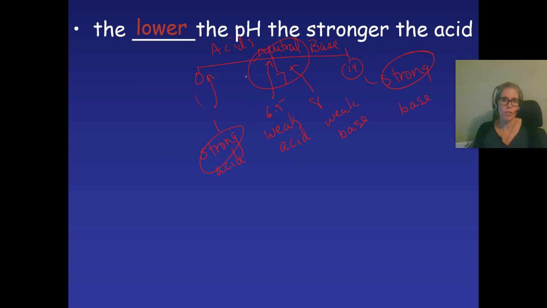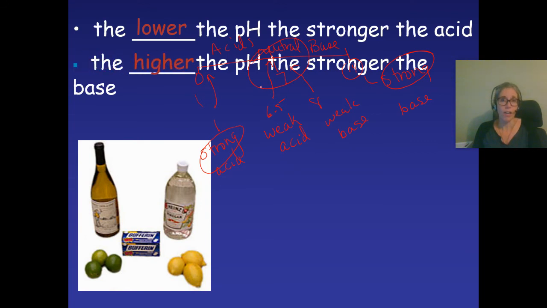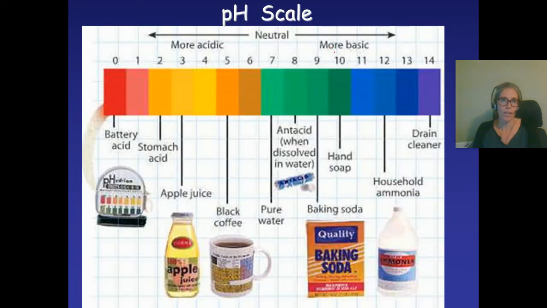And then the weak ones are close to pH 7. So those are acids. The higher the pH, the stronger the base, which is what we had just said. Here's the pH scale with some common stuff that you might know, like apple juice and coffee and antacids.